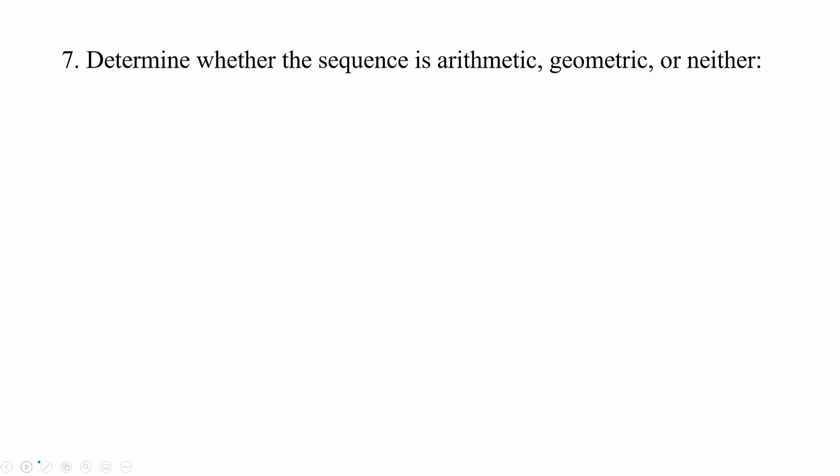Number 7. Determine whether the sequence is arithmetic, geometric, or neither. We have 9/4, 1, -1/4, -3/2. Oh my goodness. Well, let's start with arithmetic. I usually start with arithmetic. Most times it's simpler. I don't know that it looks that much simpler here, but let's try it.